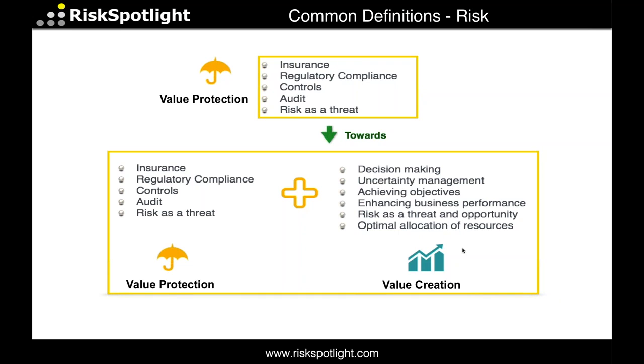So how can risk management concepts help organizations create more value and not just focus on value protection? So that's where integration with decision making, achieving objectives, and looking at risk from both a threat and an opportunity perspective comes in, that there is this shift happening where risk management is shifting from just value protection towards helping organizations with both value protection and value creation.